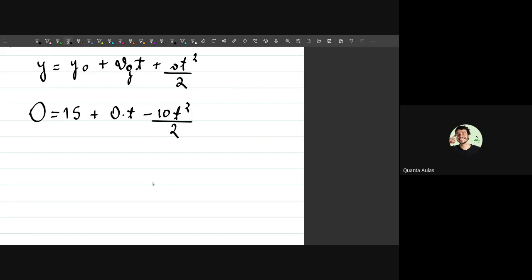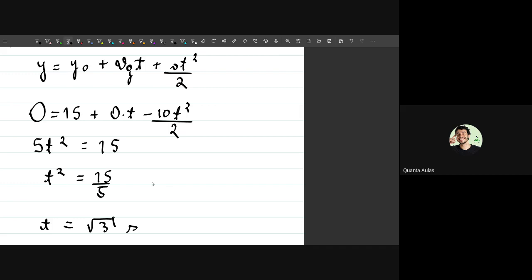So I will simplify this a little bit. We have 5t squared is equal to 15, and I can divide it by 5 on the other side, and we will have t equal to square root of 3 seconds.